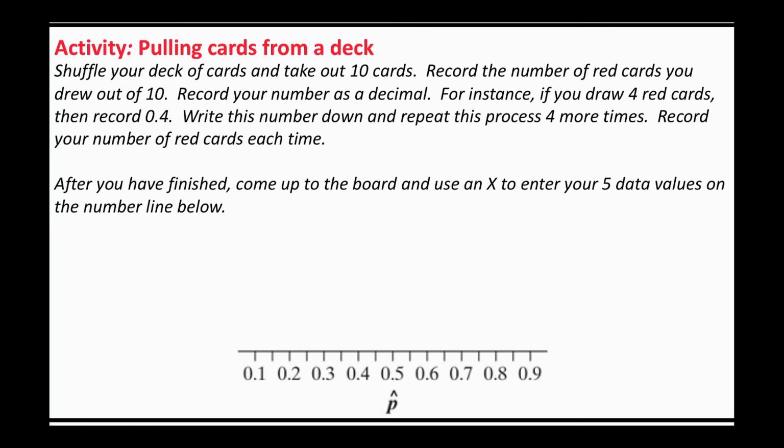Once you shuffle real good, you're ready to go. I don't know how well these cards have been shuffled before, so just make sure they're shuffled best you can.